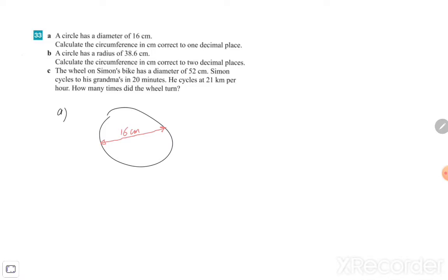To calculate the circumference of the circle, we need to do pi times the diameter, which is 16 centimeters. If I calculate this, you get 50,3 centimeters.